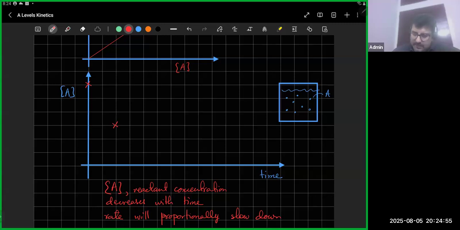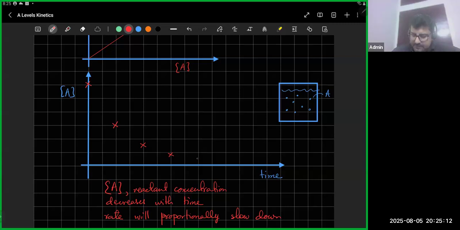Then what would be the shape? Half of this would be... the next half is 1.5, so somewhere around 0.75. What's the half of that?